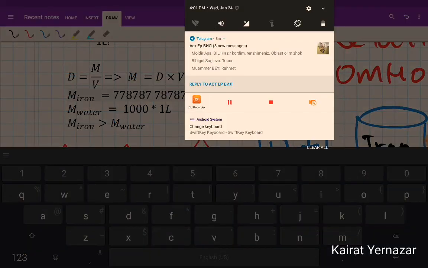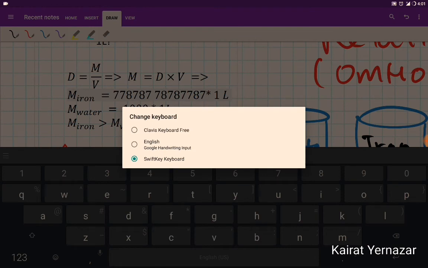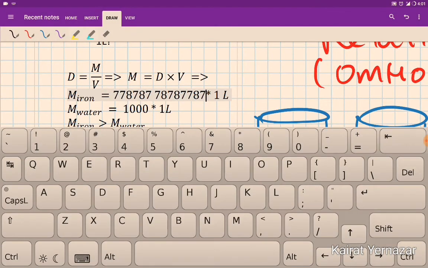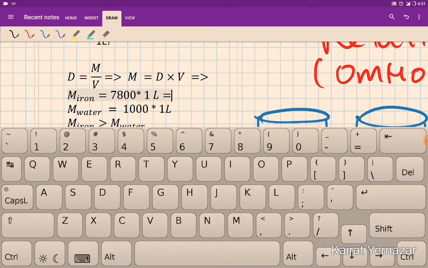I guess I'll maybe change the keyboard and it will work properly. Equals 7,800 times 1 liter. Okay, nice. So this equals 7,800.